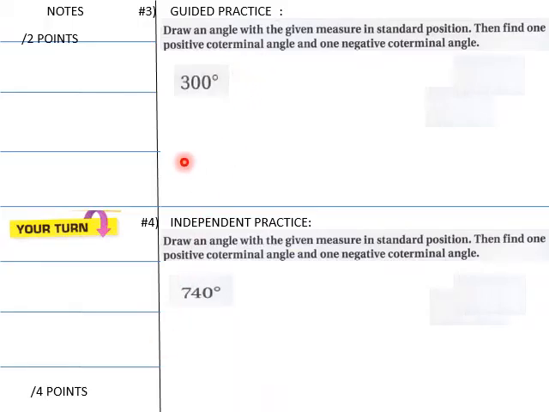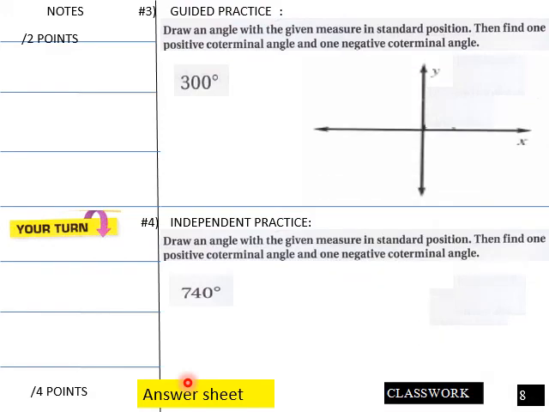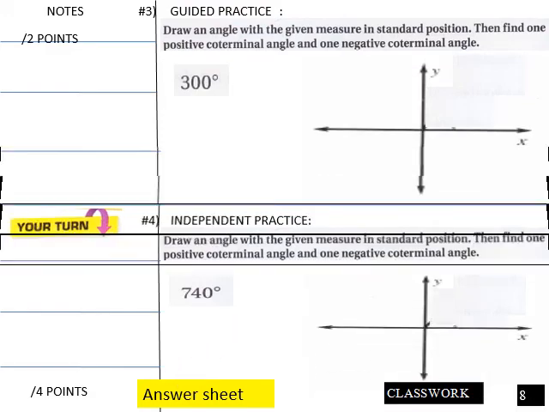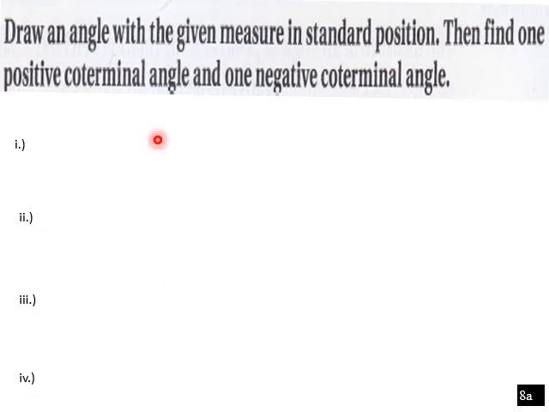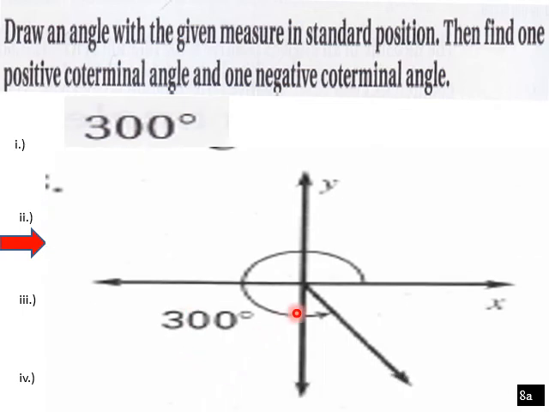Okay, our guided practice. Students, this is you. We're going to do this one, the guided practice, in class right now. So, draw an angle with a given measure, 300 degrees. You go counterclockwise 300 degrees. This would be here.